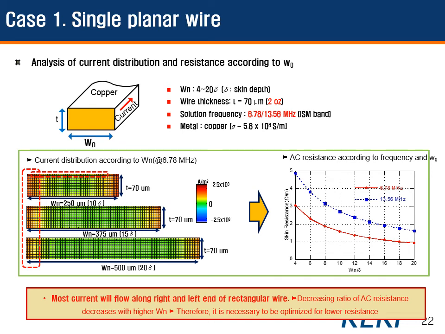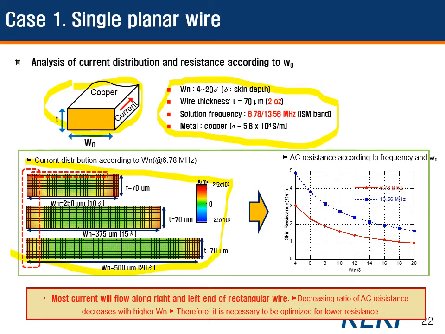By using the volume filament model method, first we calculate the current distribution for a single printed conductor. Here are the conditions for the calculation. This figure shows the current distribution according to the large Wn.